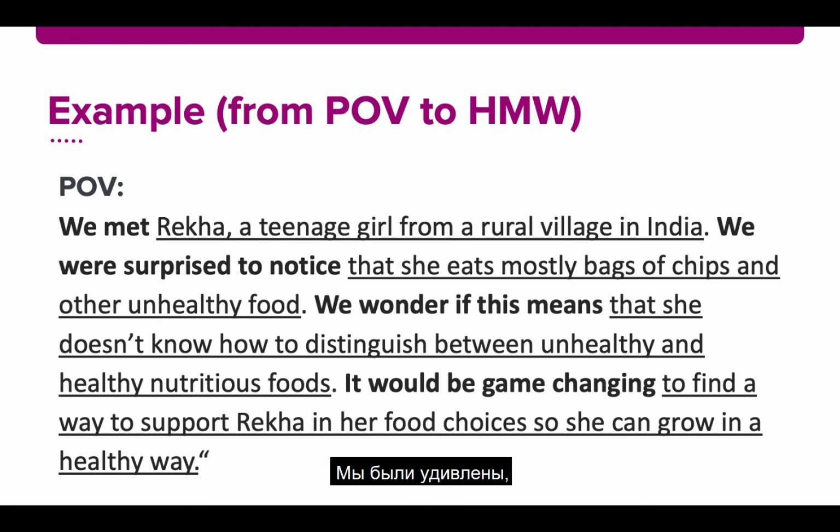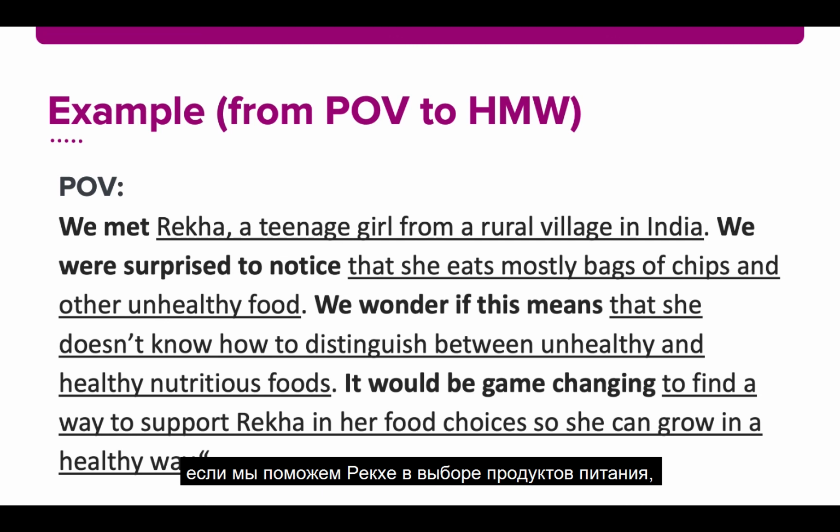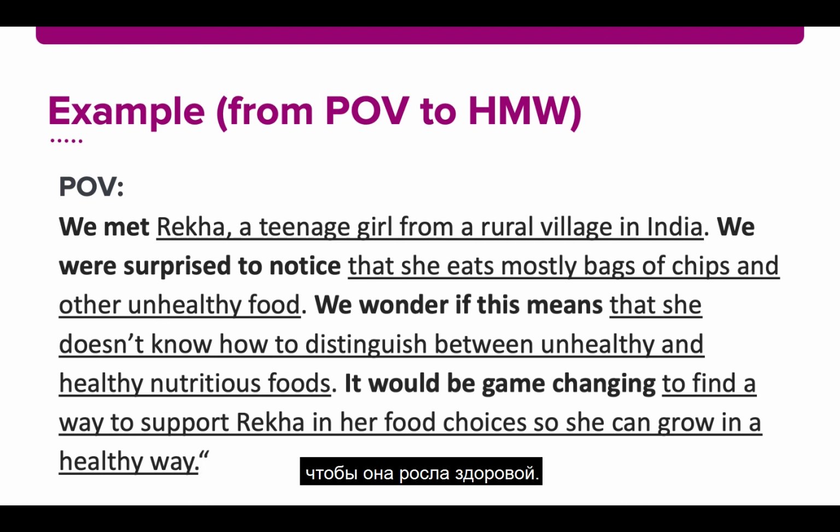We were surprised to notice that she eats mostly bags of chips and other unhealthy food. We wonder if this means that she doesn't know how to distinguish between unhealthy and healthy nutritious foods. It would be game changing to find a way to support Rekha in her food choices so she can grow in a healthy way. So, this outlines the point of view.